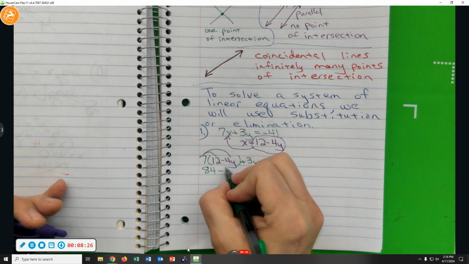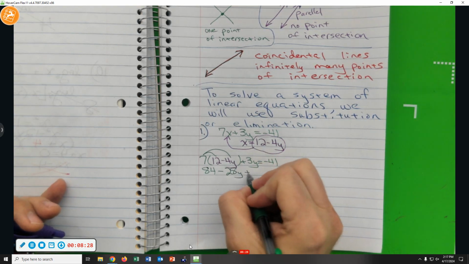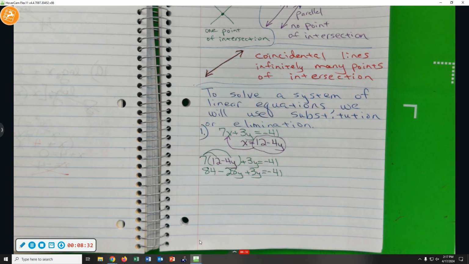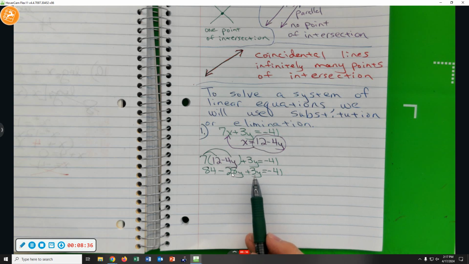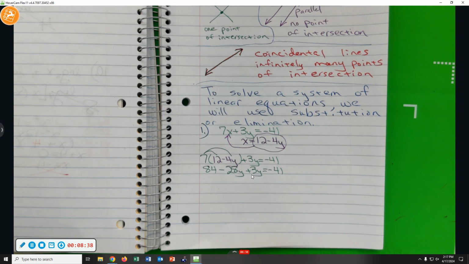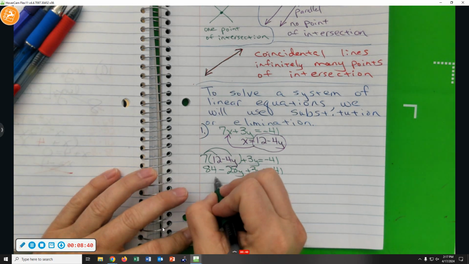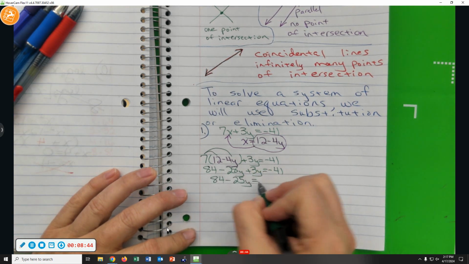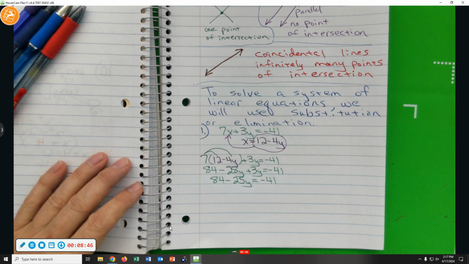And we still have the plus 3y equals a negative 41. We have like terms here with y's. Negative 28 plus 3, that's a minus 25y equals a negative 41.